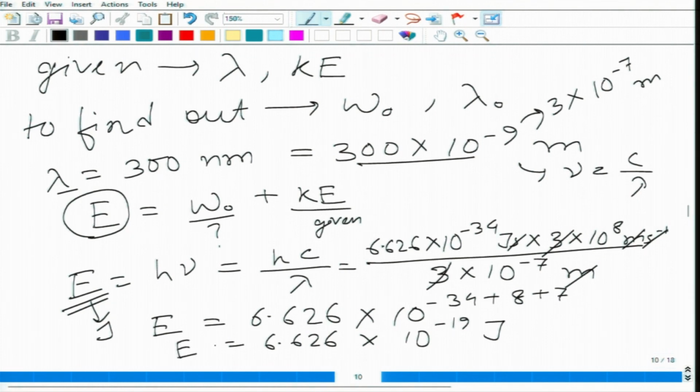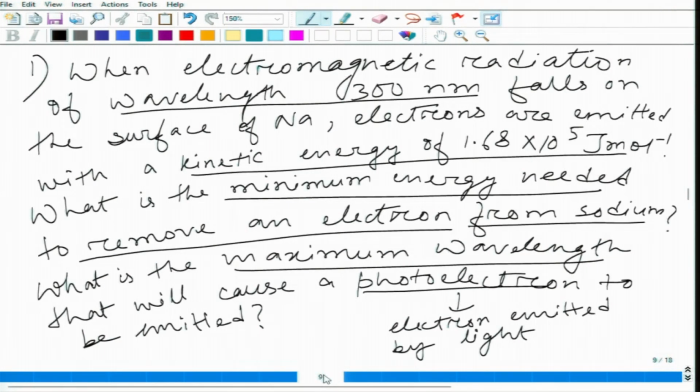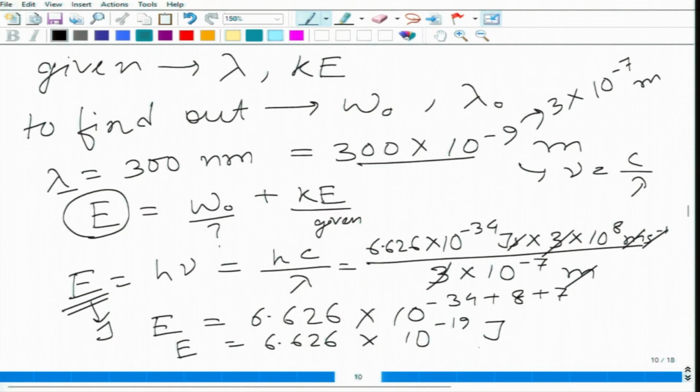This is the energy. Now, one interesting thing is the kinetic energy is given in joule per mole, but we have energy in joule. We cannot add or subtract two different units. We need to convert it into the same unit.